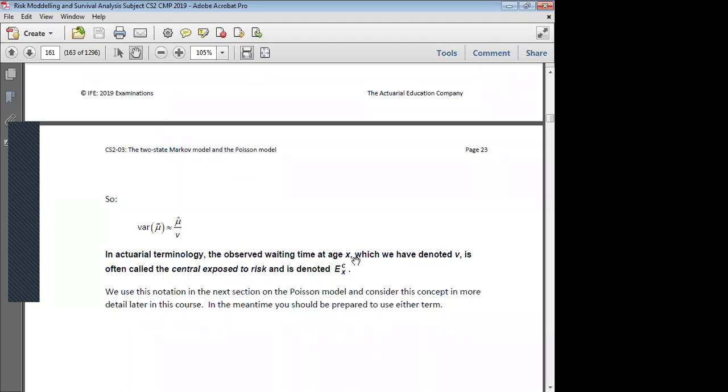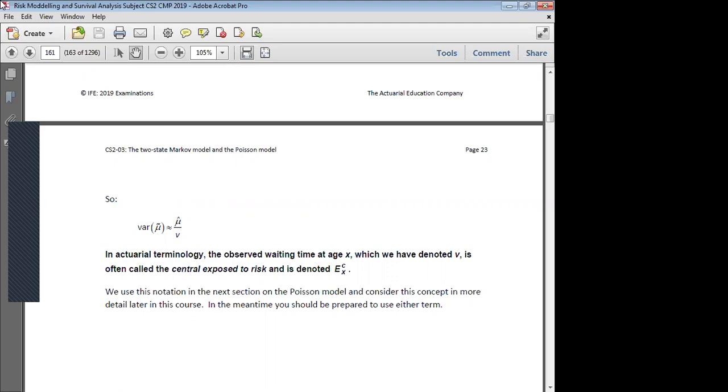So that is about the alternative way of figuring out basically the same kind of distribution for your mu, which is the transition rate. This whole chapter is about mu. And once we know mu, it's easier for us to figure out the transition probability, which is another concern for us.